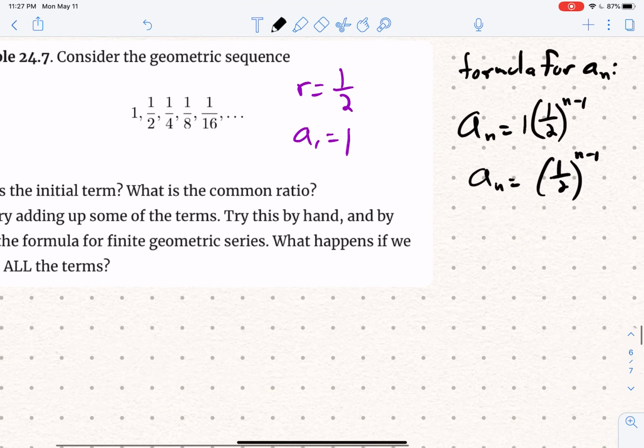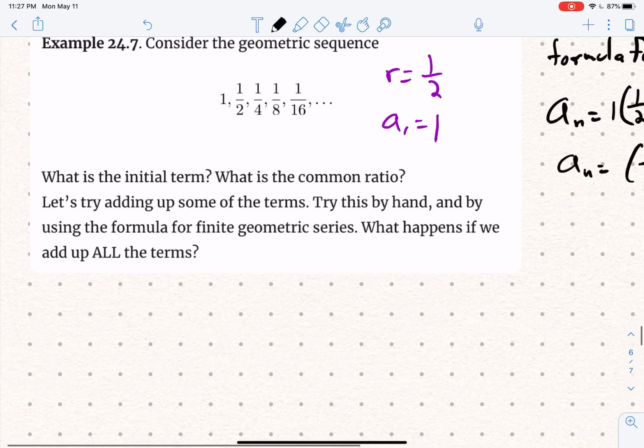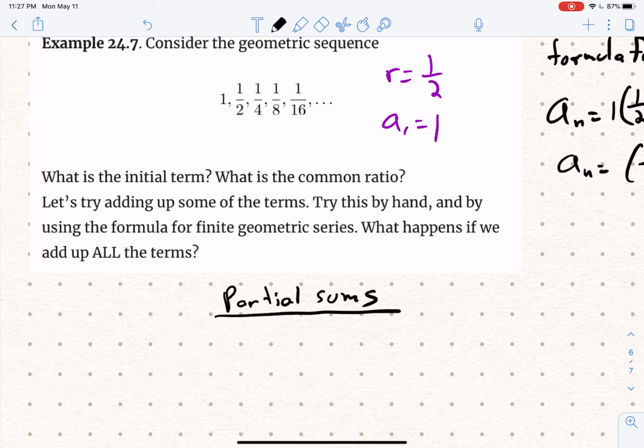Let's look at what we call partial sums. Partial sums is when we want to look at what happens when you add up infinitely many, but let's just try adding up just a few. And remember, the number we use to refer to how many terms we add up is k. So when k equals 1, we just have the first sum, it's just 1.